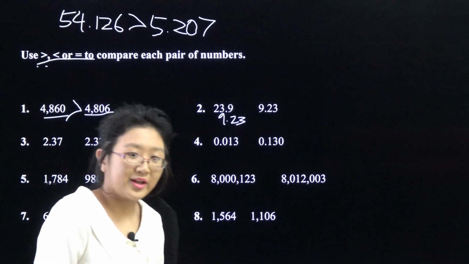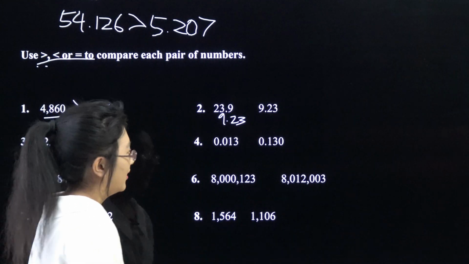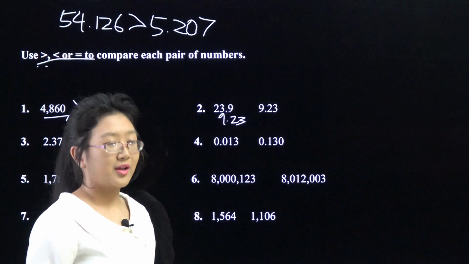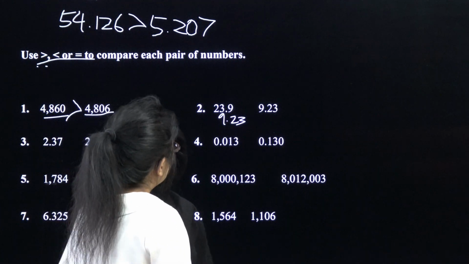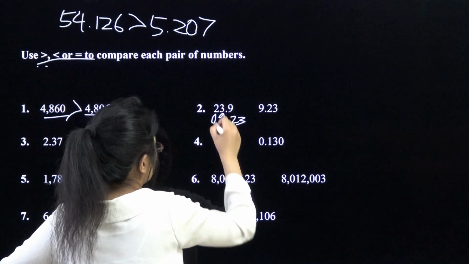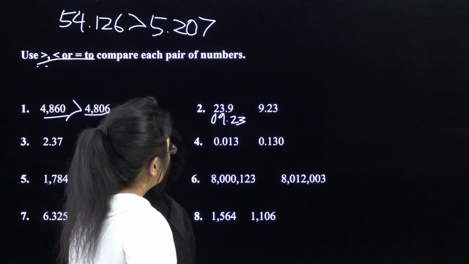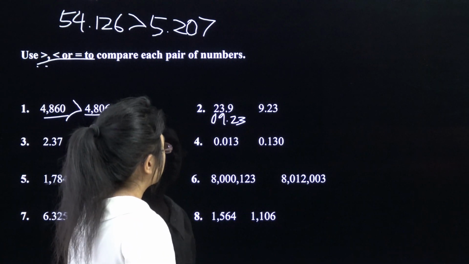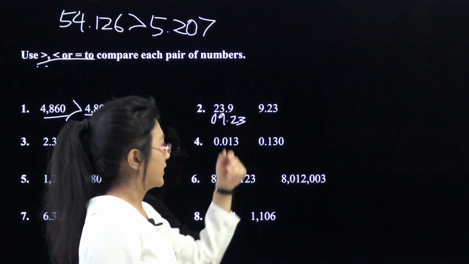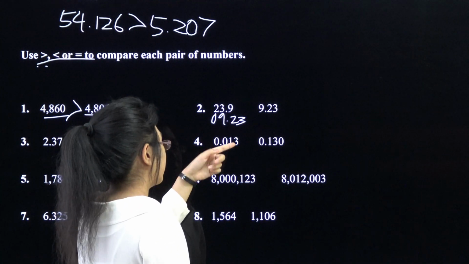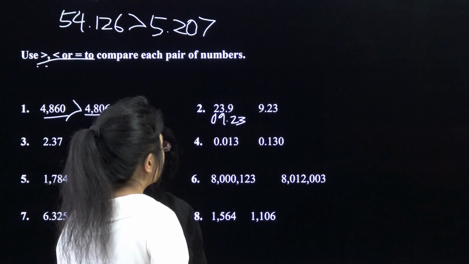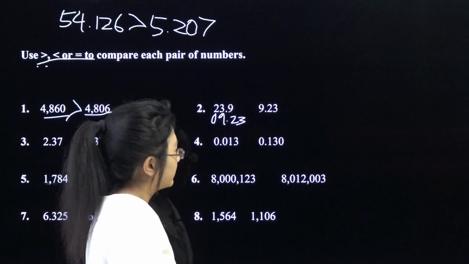Not tenth place, the tens place. I know, it sometimes gets a little bit tongue-twisty. So the leftmost digit, which is 2 for 23.9, and 0 for 9.23 because it doesn't have a tens digit, 2 is bigger than 0.